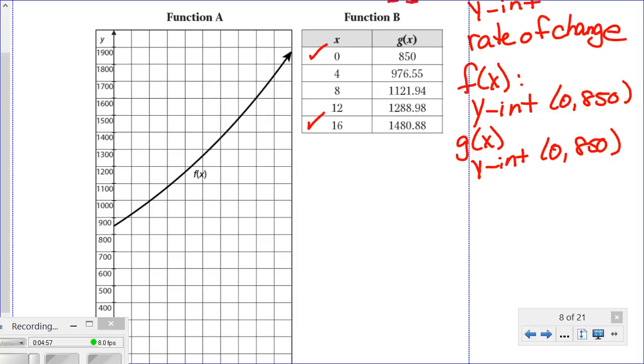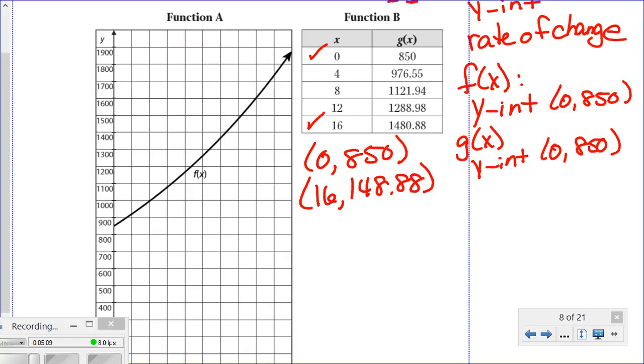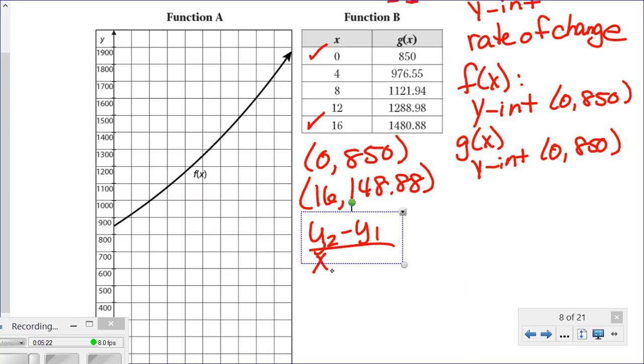So the 2 points I need to use my slope formula with are (0, 850) and (16, 1,480.88). So now I just need to use my slope formula, which says y sub 2 minus y sub 1 over x sub 2 minus x sub 1.